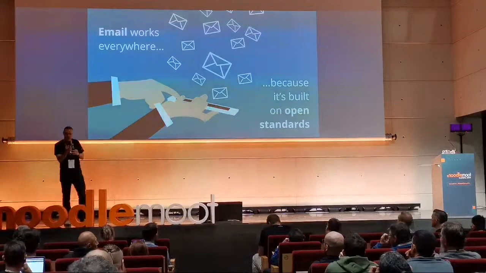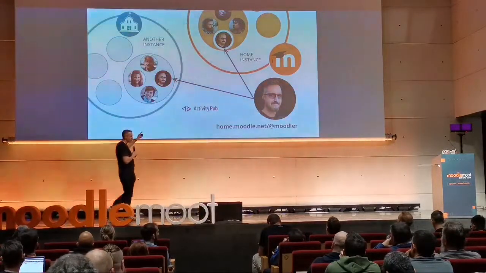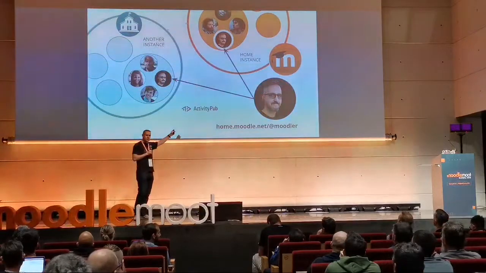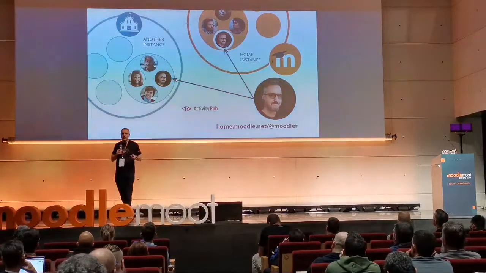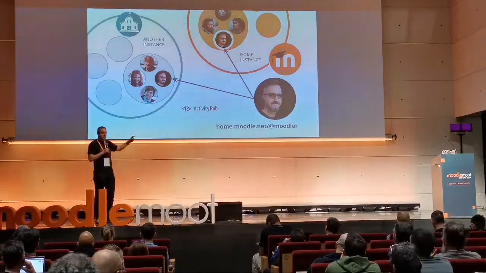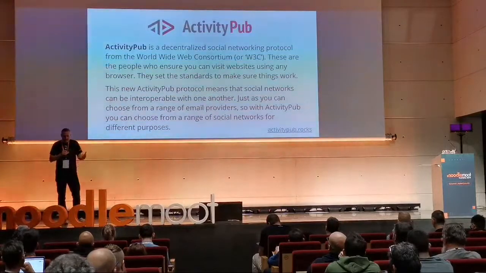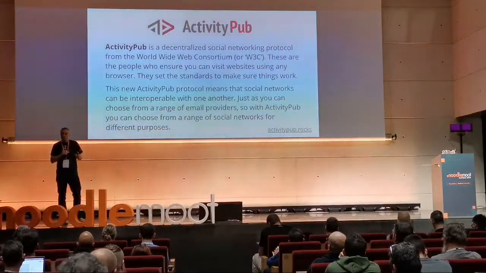What we can do using this protocol here, the previous presentation talked about the W3C, the standards body for the web. There's a new protocol called ActivityPub. And ActivityPub, which was started in kind of January 2018, this new protocol means that different social networks are interoperable with each other.